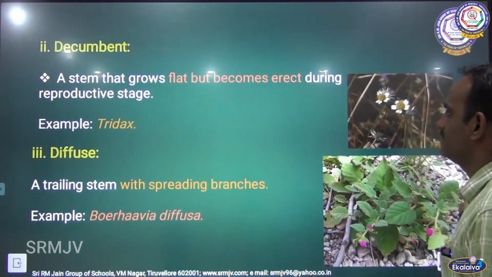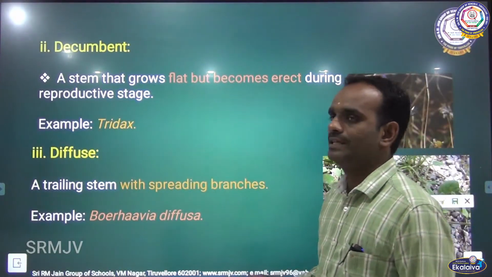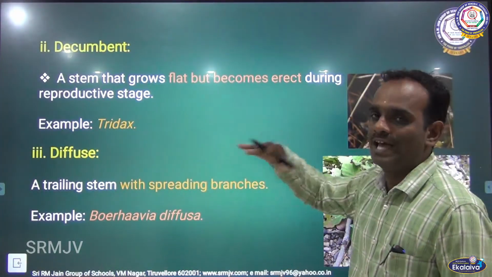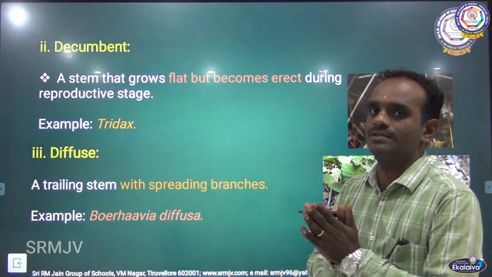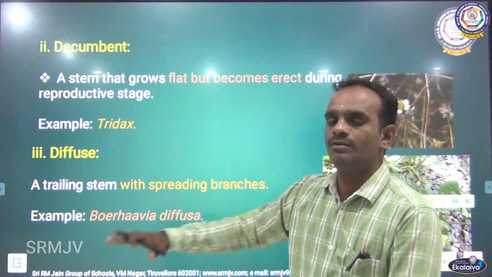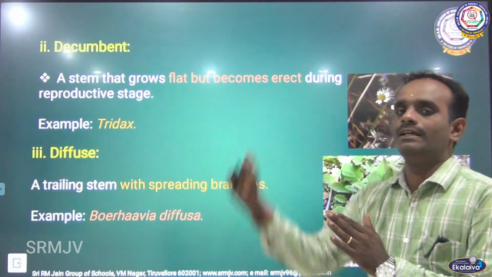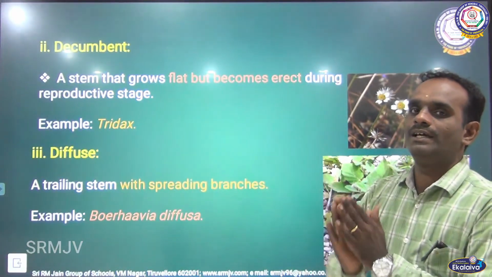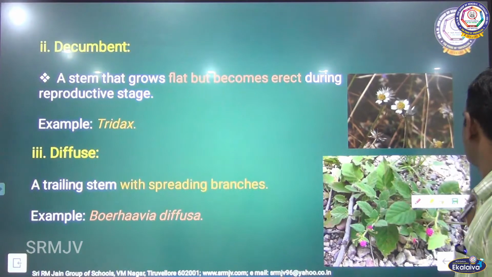The next one is decumbent. The stem that grows flat but becomes erect during the reproductive stage. Usually they grow very flat on the ground surface. During the reproductive phase, suddenly it goes upward, it goes erect. That is called decumbent. See the picture here, children.